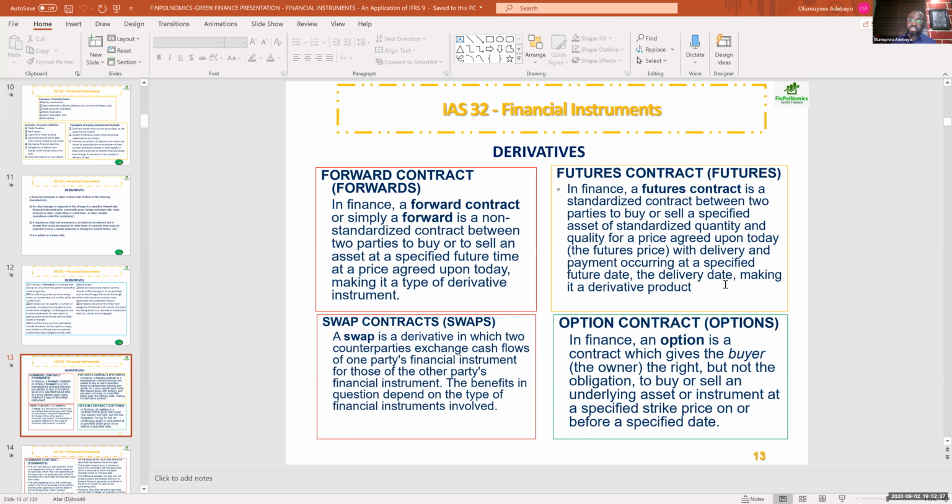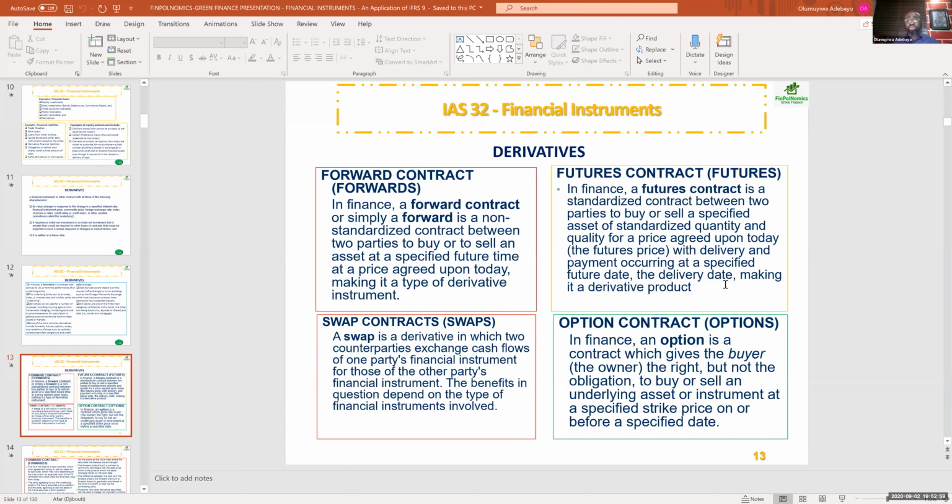The other party has lost money because he's forced to sell at 450, whereas he could go to the market and sell at 460. This means a derivative, by the nature of this contract, is considered a zero-sum game. The exact gain to one party is the exact loss to the other party.